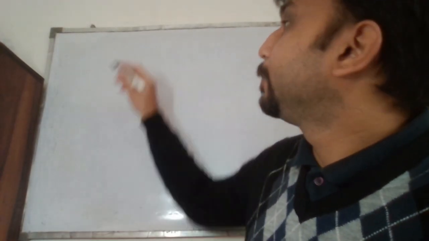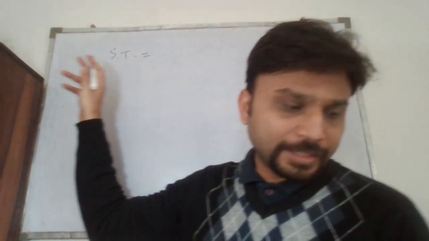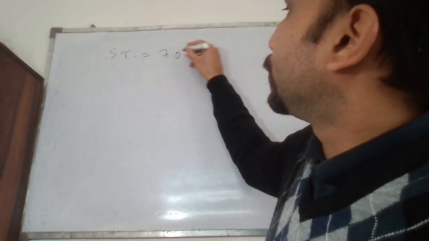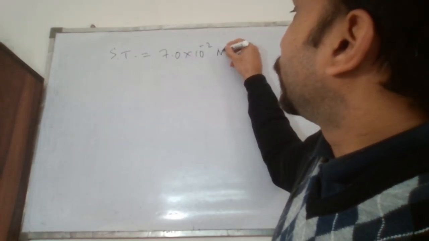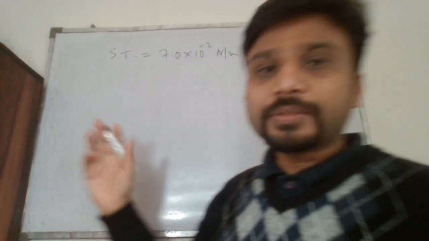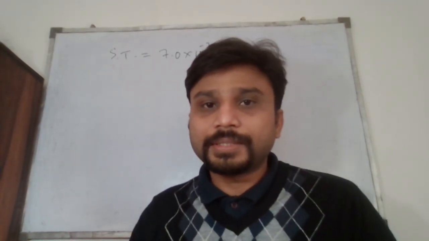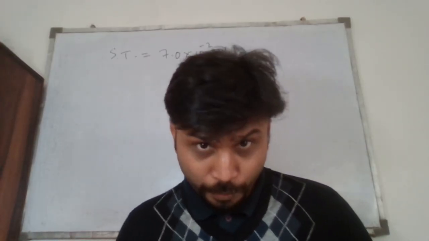We are given the surface tension of the liquid, abbreviated as ST, which is equal to 7.0 into 10 to the power minus 2 Newton per meter. So we have some kind of liquid with this surface tension.